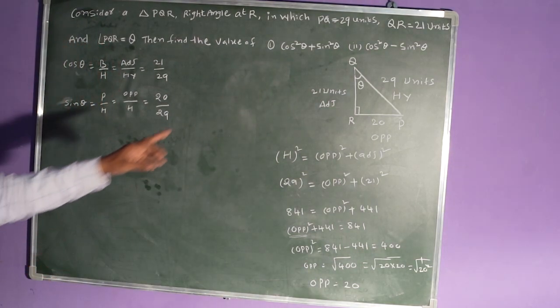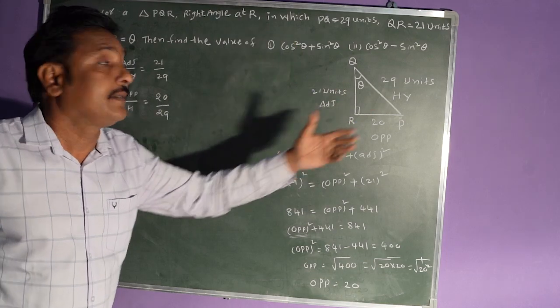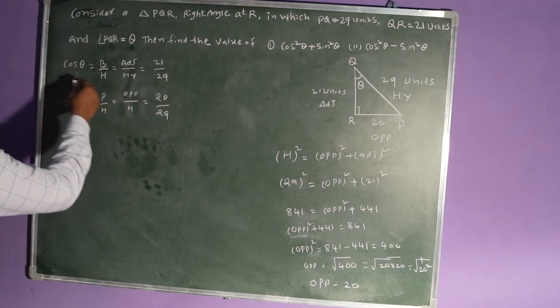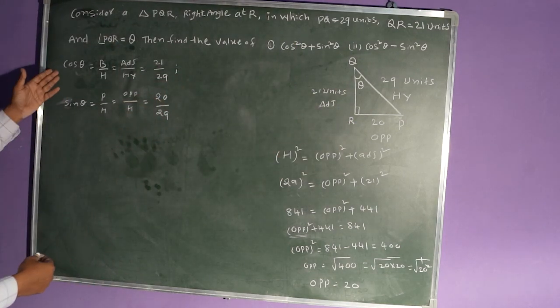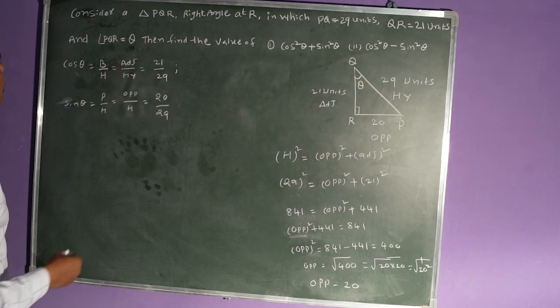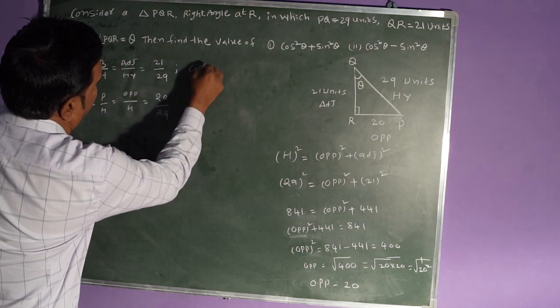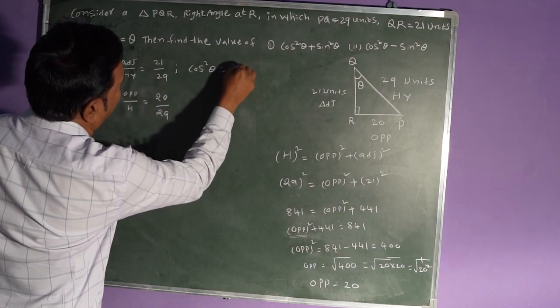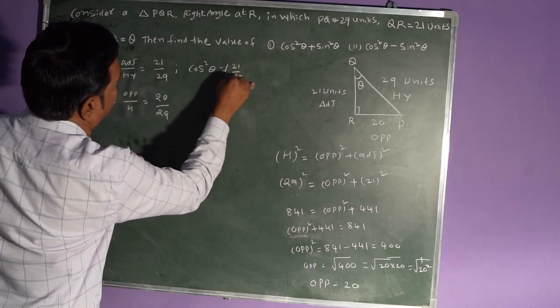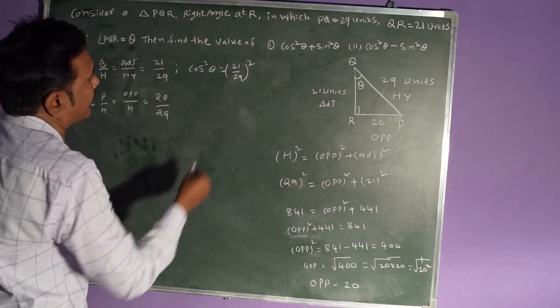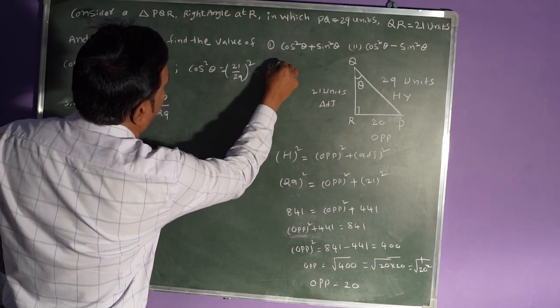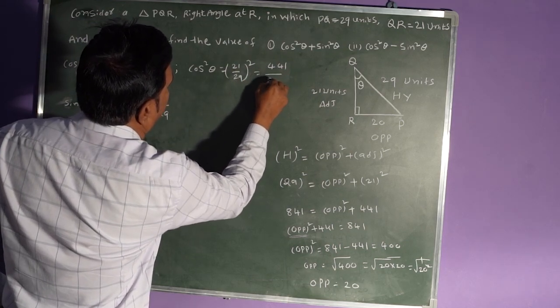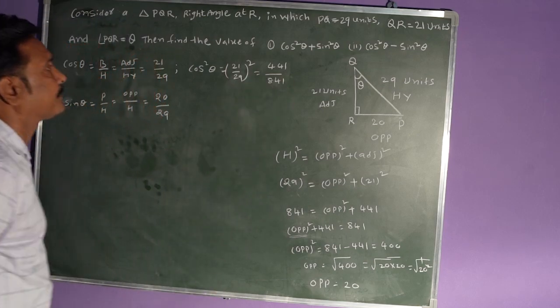Next, cos theta is equal to 21 by 29. Then cos square theta is equal to 21 by 29 whole square, that means 441 by 841.